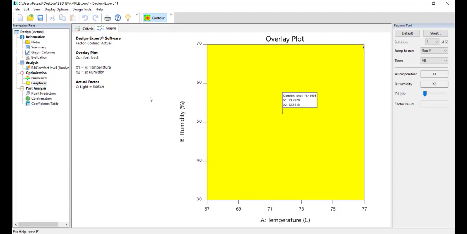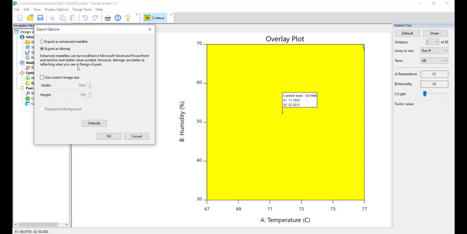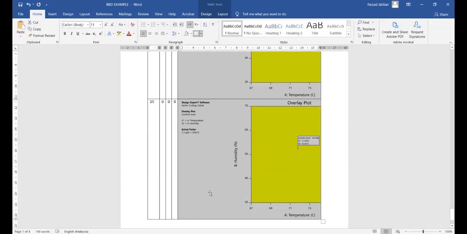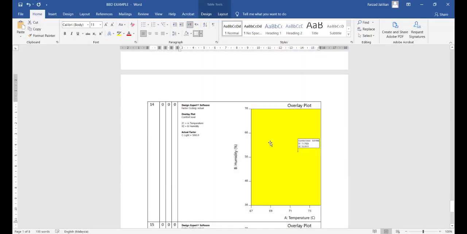So by this, we reach the end of the video for BBD design. You can save it, and you can also export each one of these graphs, export this graph to Word like this. It will export the open graph. You can see here we have the graph with all of the information.